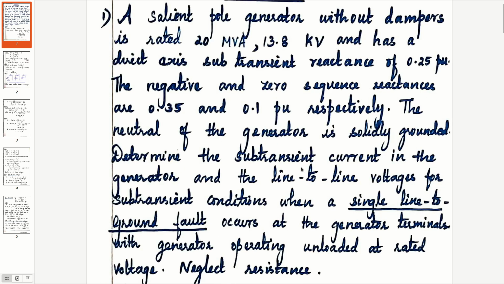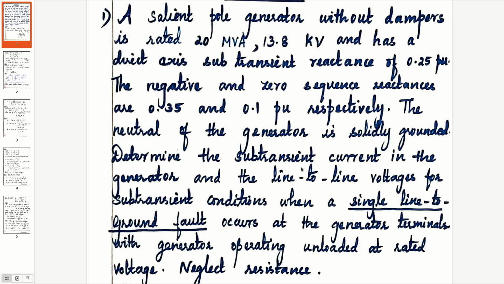So single line to ground fault operating in an unloaded generator, and we should not consider fault impedance. Here the base MVA and base kV of the machine should be taken as the generator ratings. We want the base values to calculate the fault current in actual units.